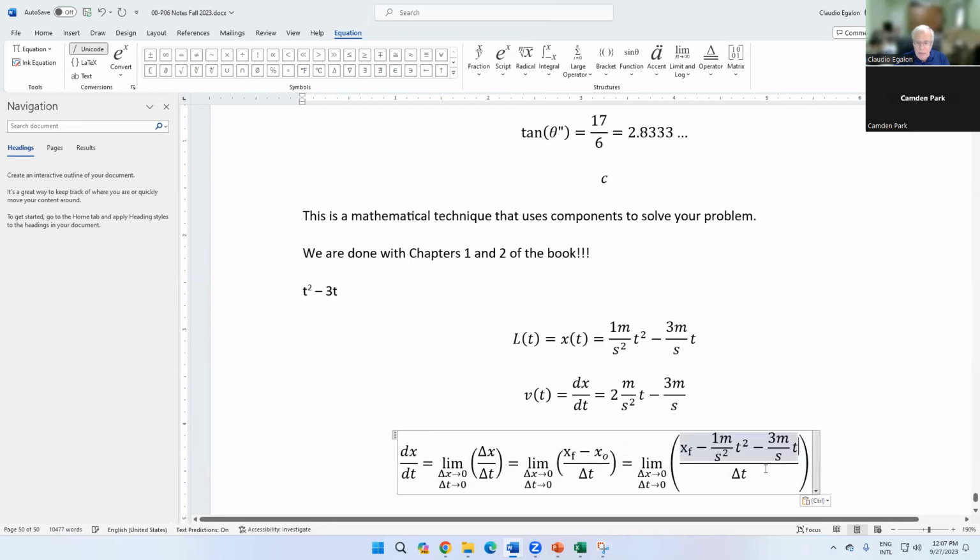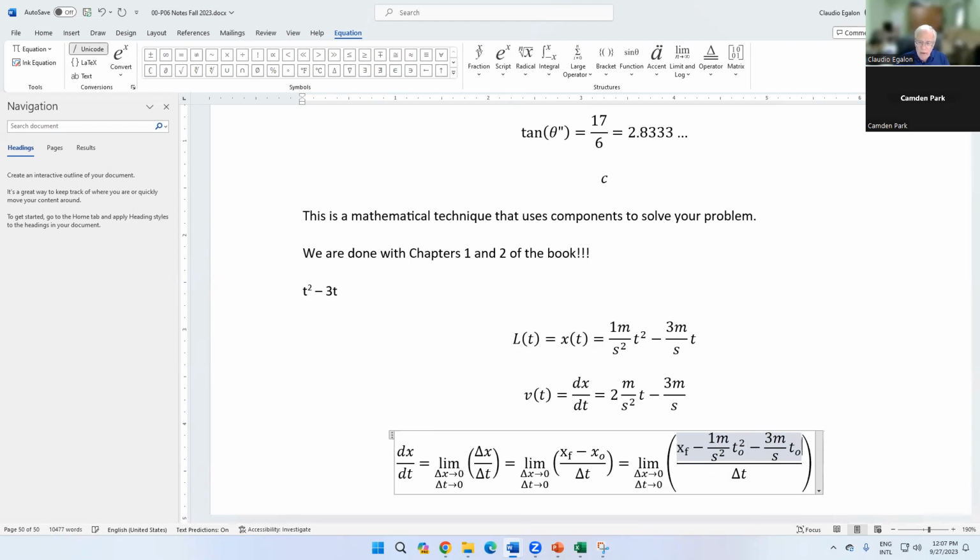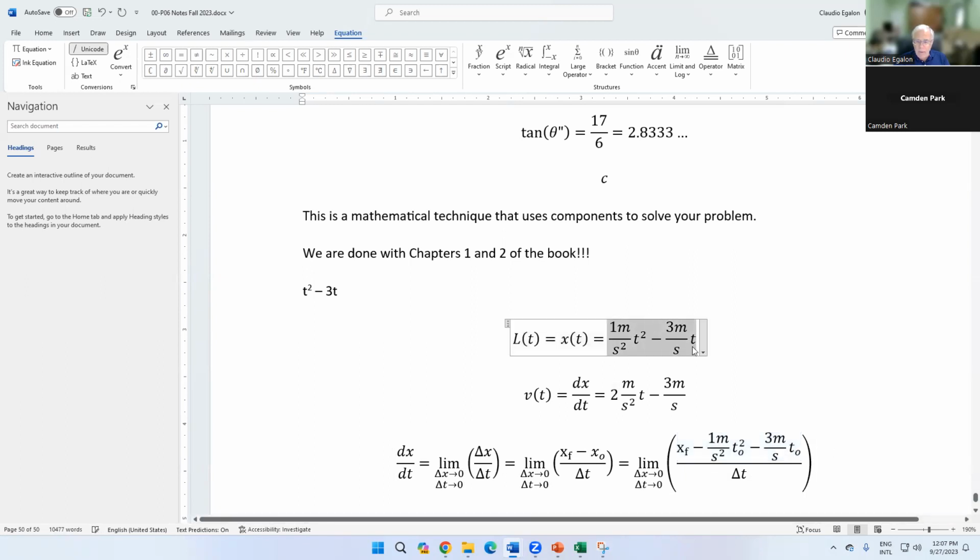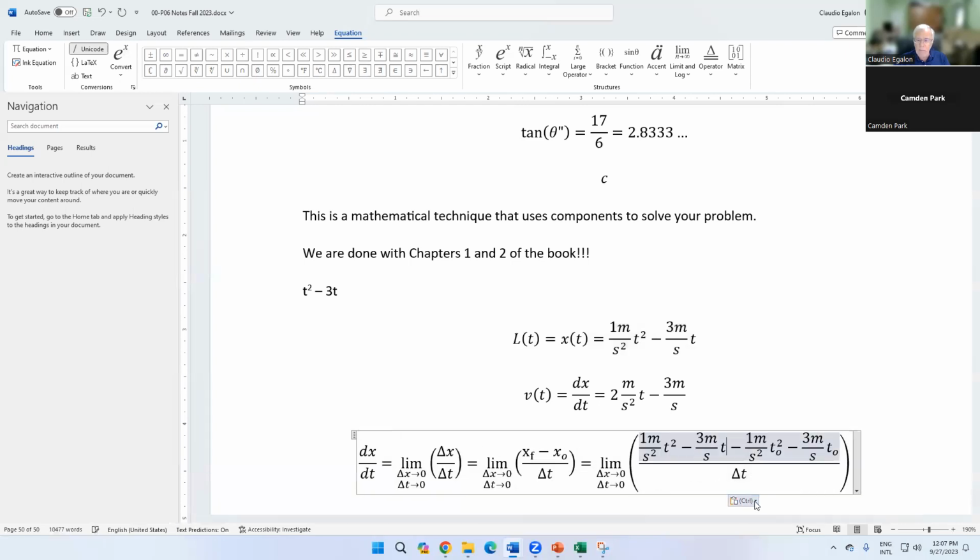We call x initial, and then we put t naught. Don't forget to put t naught, right? And t naught to distinguish from the final. And that's going to be final. X final. Right? He's going to be t minus t naught.